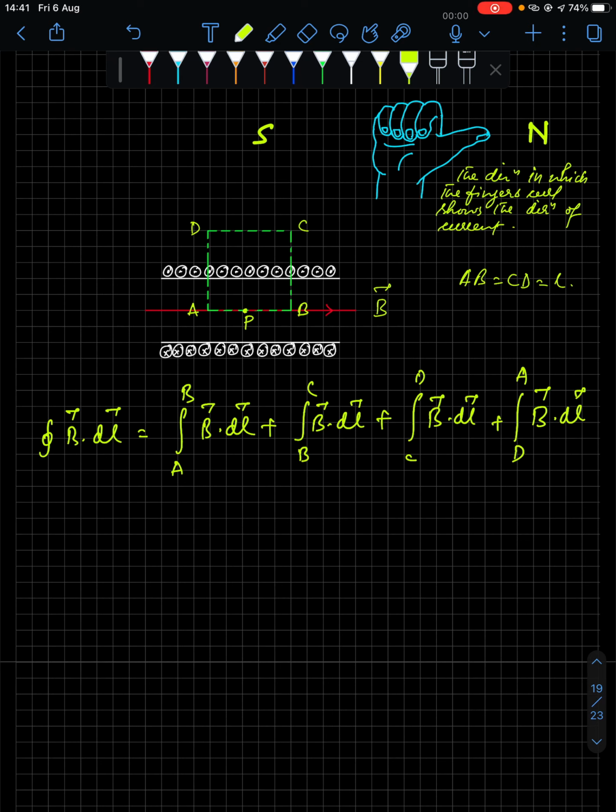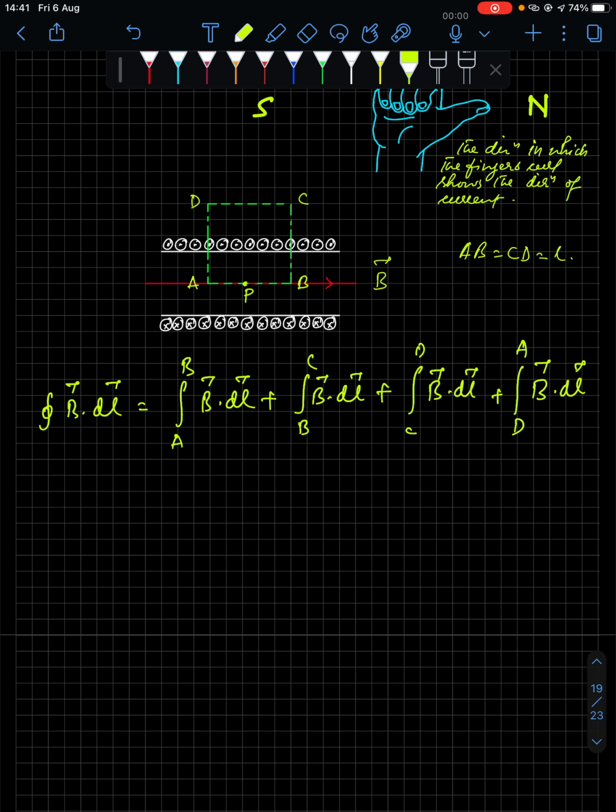Now since BC and DA are perpendicular, these paths are perpendicular to the magnetic field. Or you can write that for BC and DA, the magnetic field is perpendicular to the small length.